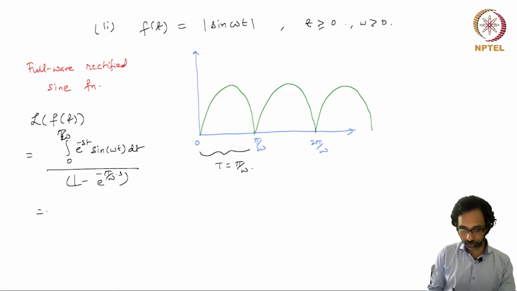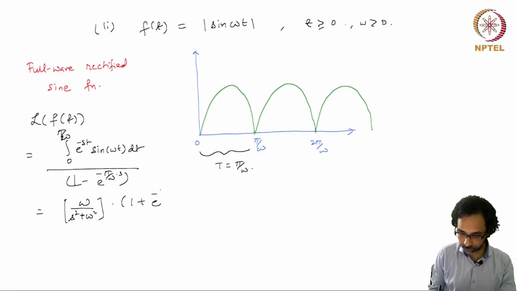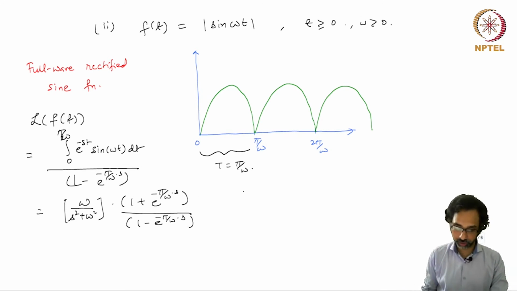Now if you compute the integral in the numerator, you will get omega over (s squared plus omega squared) multiplied by 1 plus e^(-pi s/omega), and you have 1 minus e^(-pi s/omega) in the denominator, and this is your solution for s greater than 0.